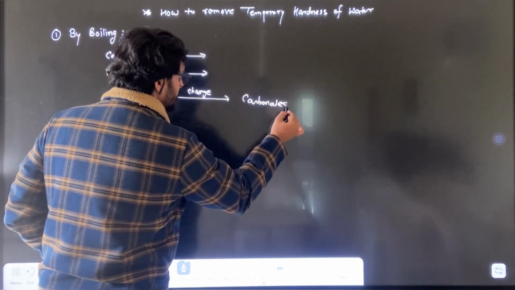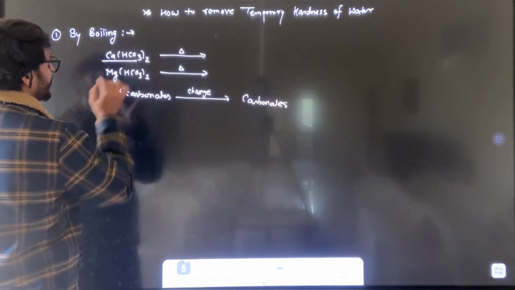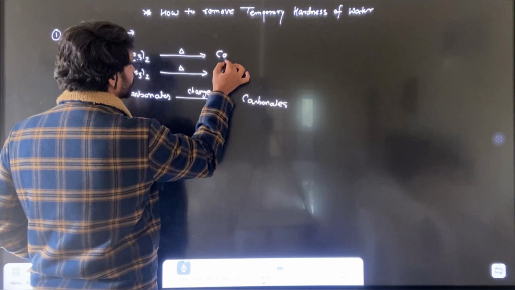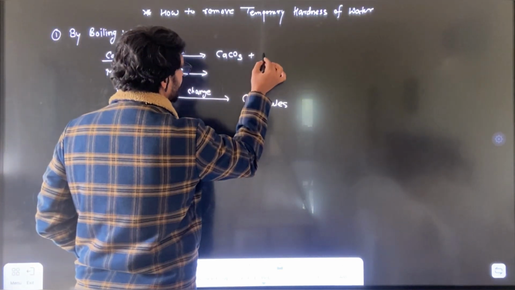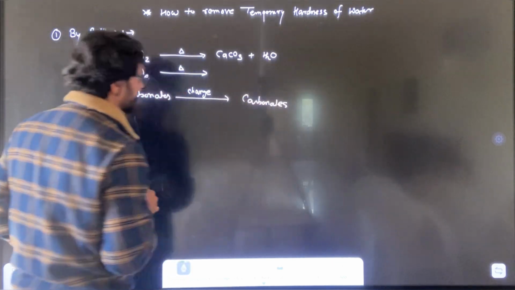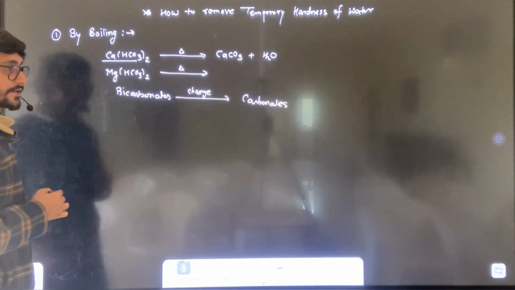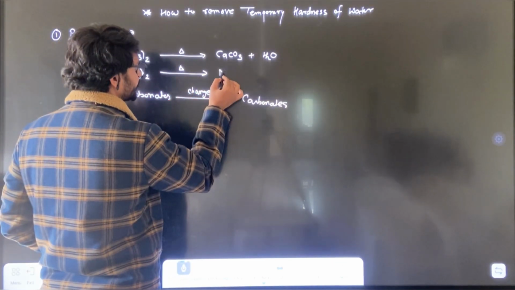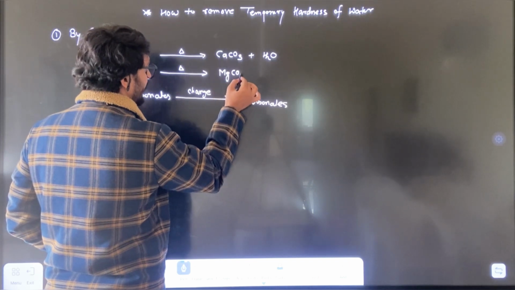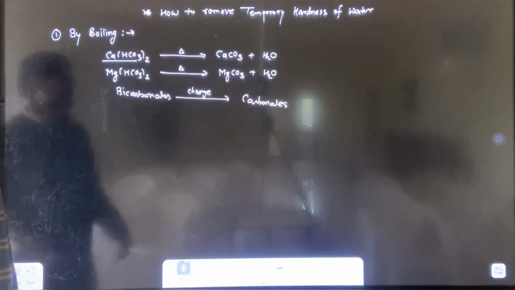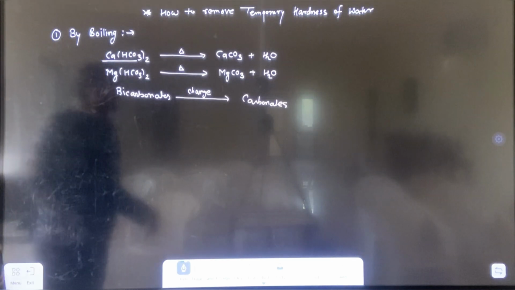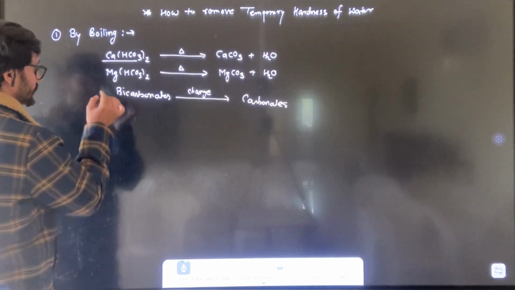Calcium bicarbonate converts into calcium carbonate and some amount of water as a side product. Magnesium bicarbonate converts into magnesium carbonate and some amount of water as a side product.